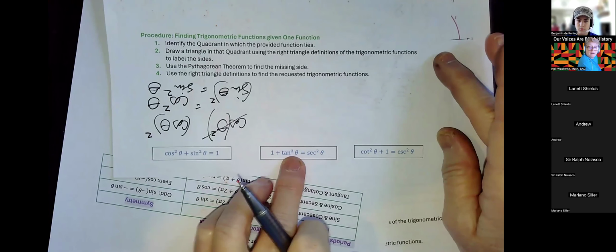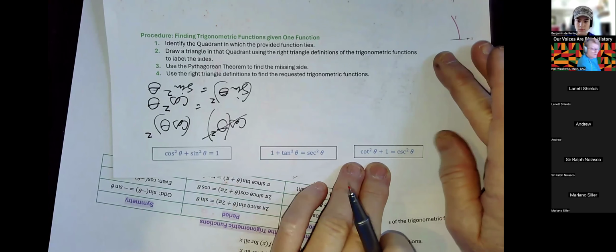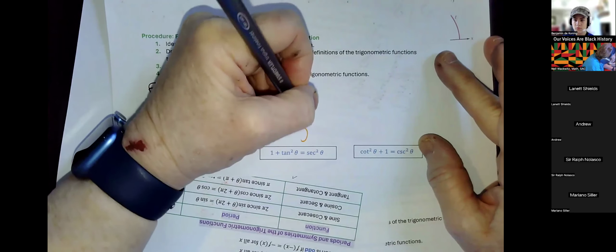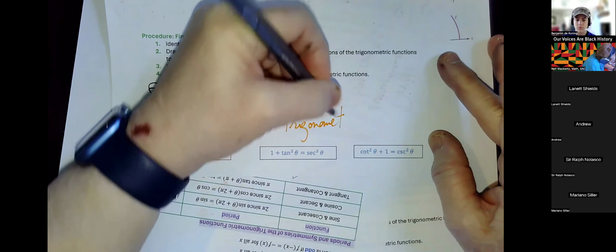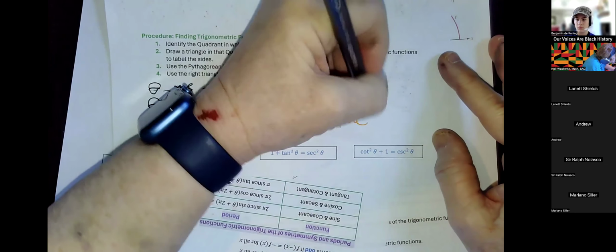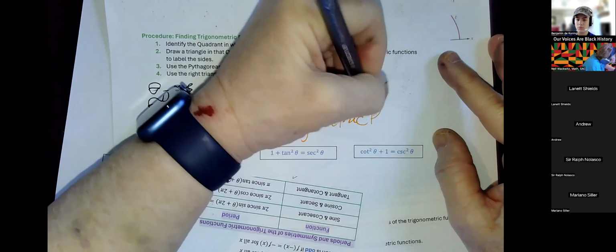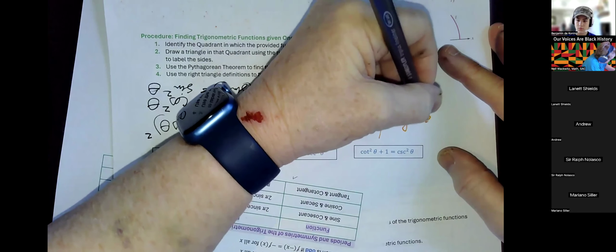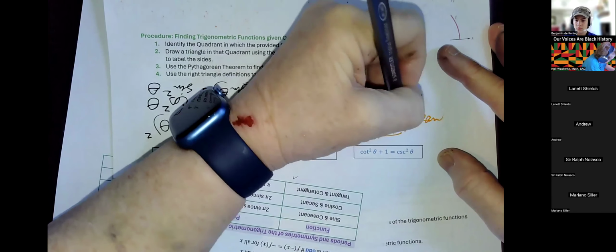Those three identities are the trigonometric Pythagorean identities.